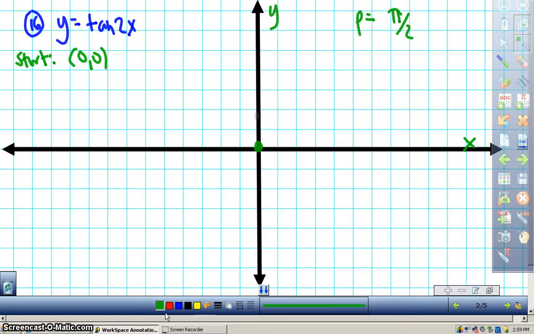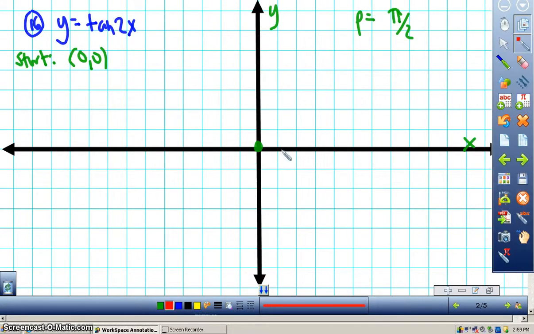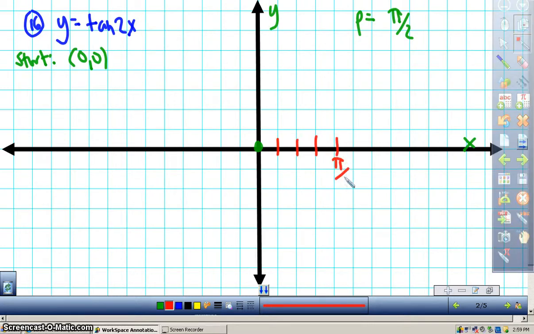Well, I'll go ahead and space this out the same way. In the last example, I counted every 4 as pi over 2, so I'm just going to do the same thing. Let me write this down first. So this will be pi over 2, and this will be negative pi over 2.